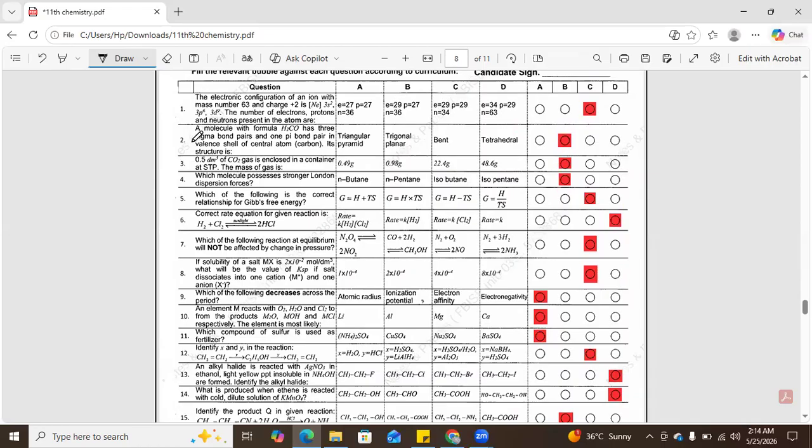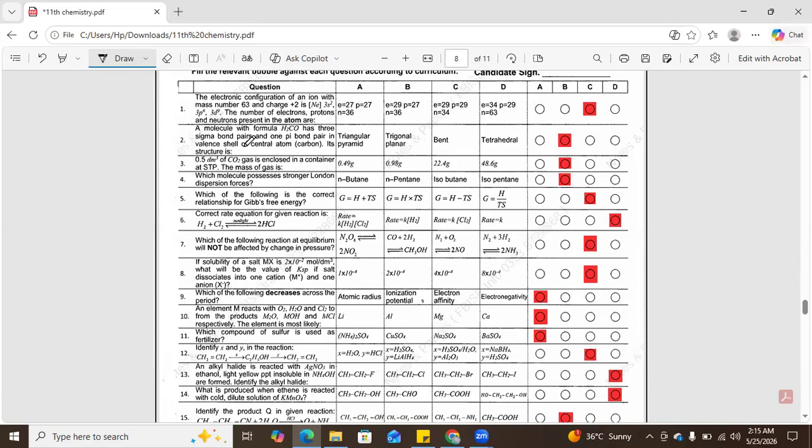The electronic configuration of an ion with mass number 63 and charge +2 is [Ne] 3s2, 3p6, 3d9. The number of electrons, protons, and neutrons present in the atom are, C is the right option. Electron would be 29, proton would be 29, neutron would be 34.